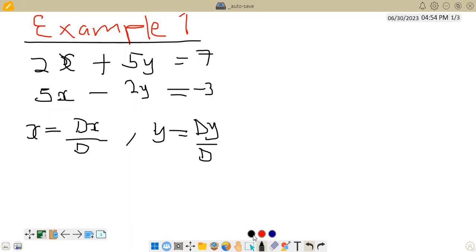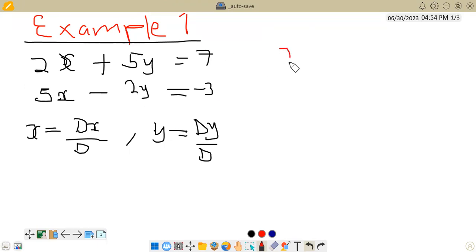But the first thing, we need to find the determinant. So the determinant will come from a 2x2 matrix by using the coefficients of x and y in both equations. So you see the coefficients of x here are 2 and 5, and the coefficients of y are 5 and 2.